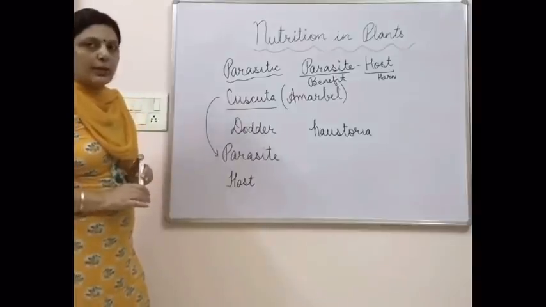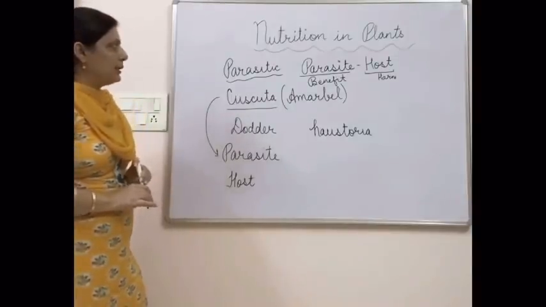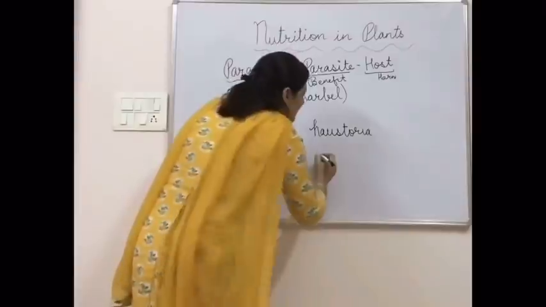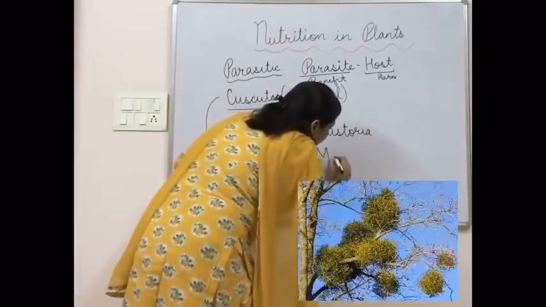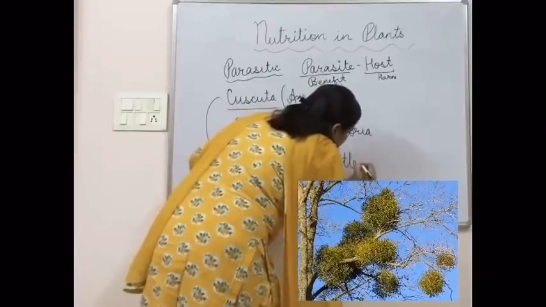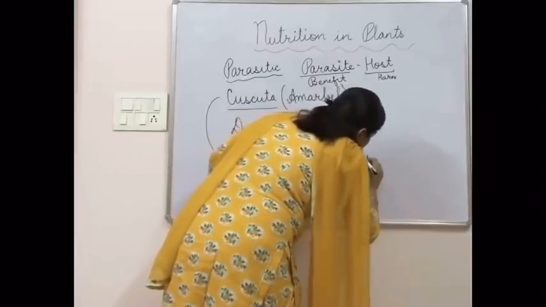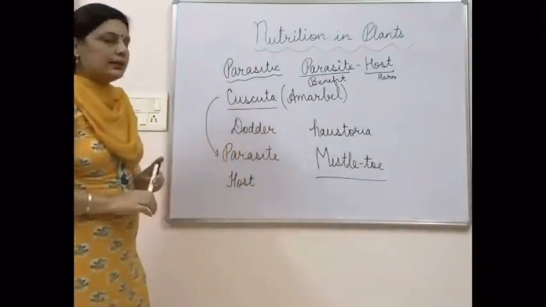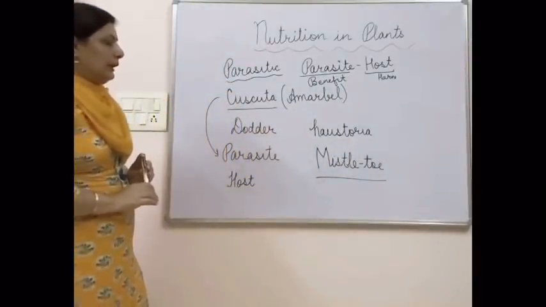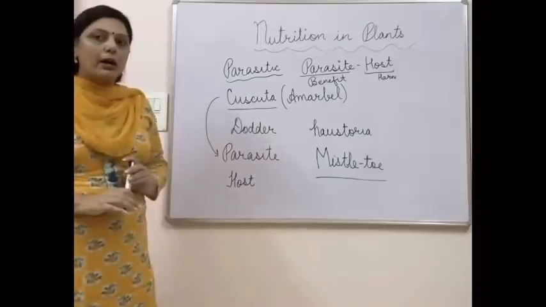We have another example of a parasitic plant, and that is mistletoe. Mistletoe is another plant which is called a partial parasite.